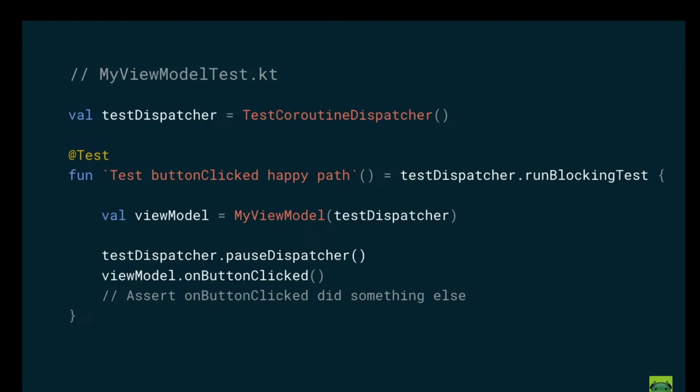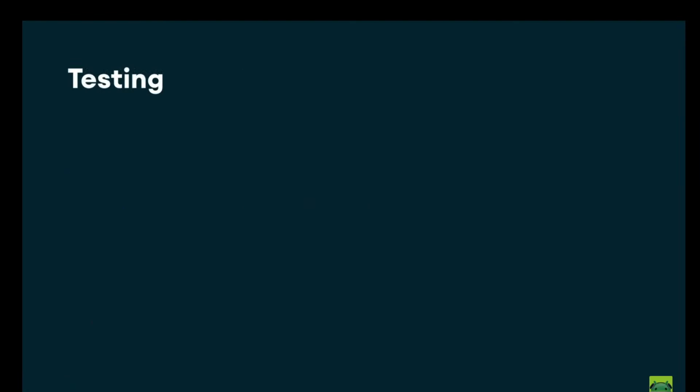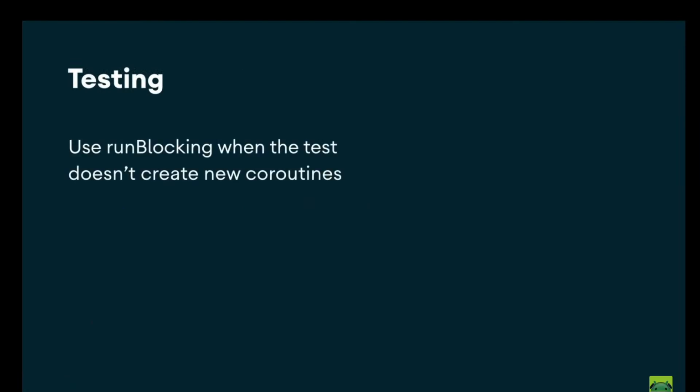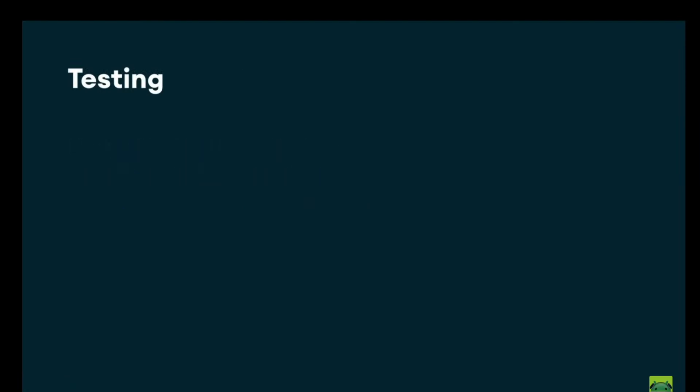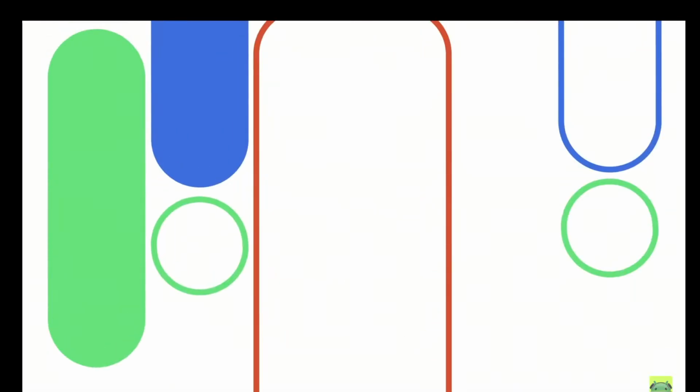So in this case, we can call testDispatcher.pauseDispatcher to assert that something happened before the coroutine, and then call testDispatcher.resumeDispatcher to test what happened after the coroutine ran. So for testing, use run blocking when the test doesn't create new coroutines, and as a good practice, inject dispatchers and use test coroutine dispatcher in tests whenever you want to test something that is going to trigger new coroutines.